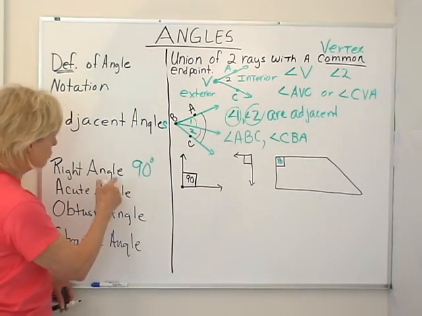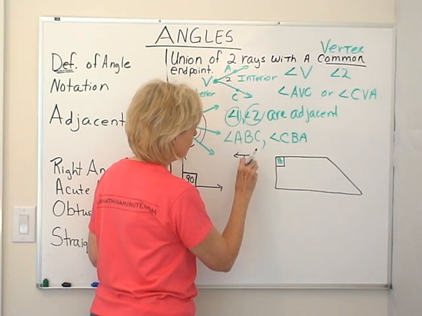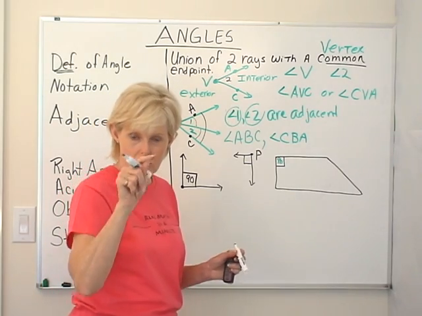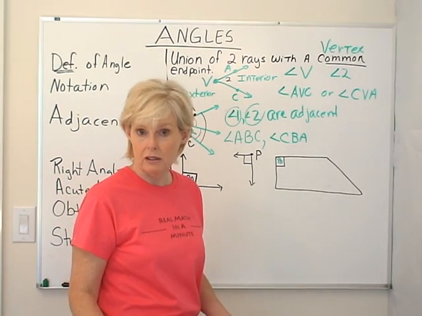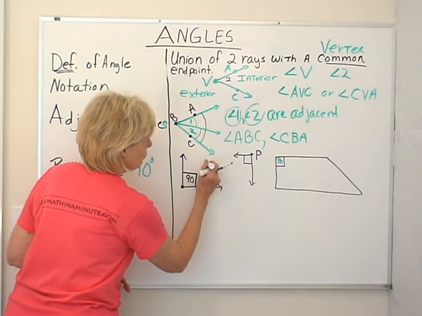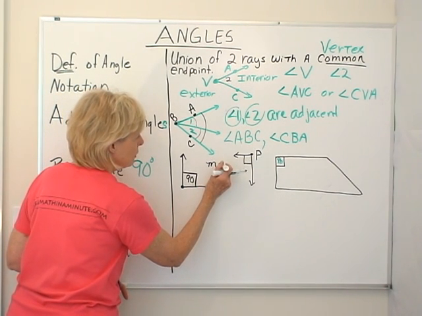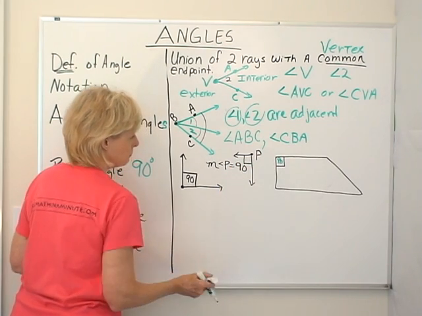It has a measure of 90 degrees. So let's call this angle P right here. I'm just talking about this one. And it is marked with a corner, so I know it's a right angle. And a right angle, by definition, has 90 degrees. So the way I would write that is I would say the measure, notice that little m for measure, of angle P is equal to 90.